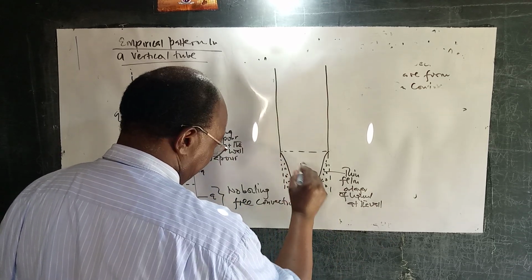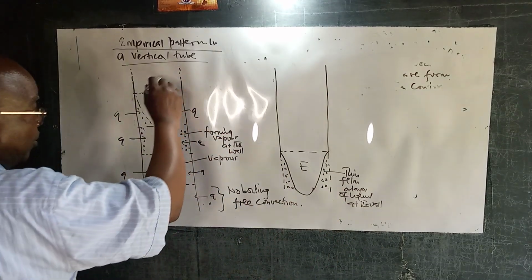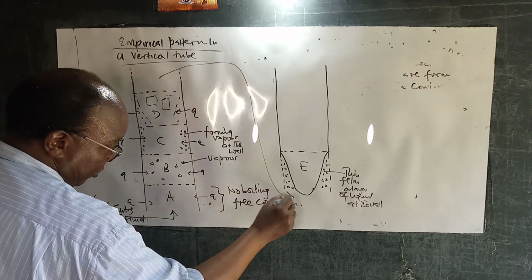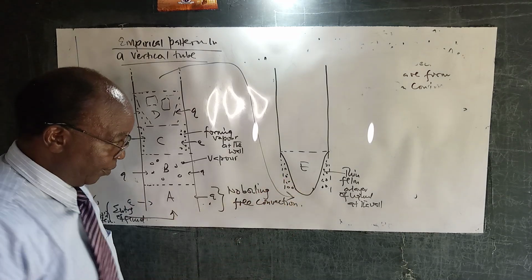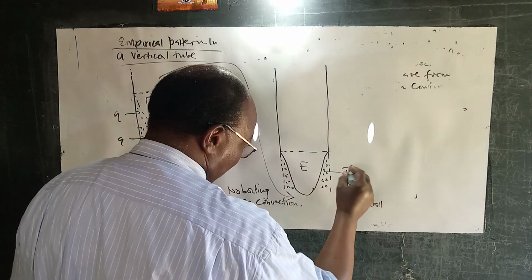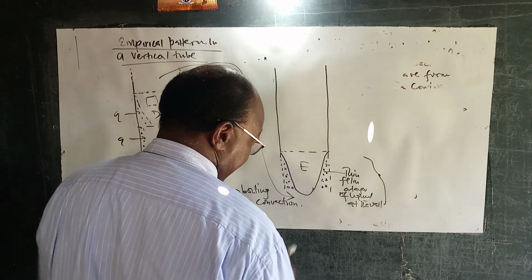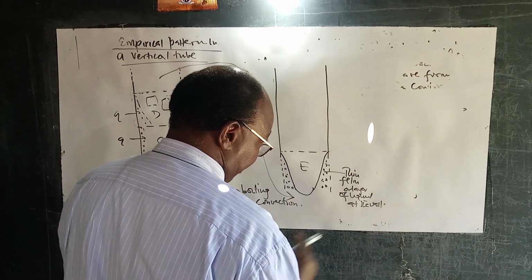Let's call it E. So this is just a continuation of that quantity there. So we have our thin film, and the regime is the annular flow.